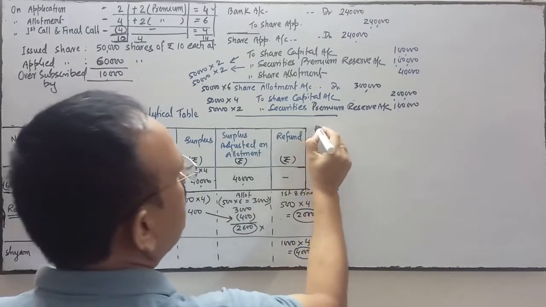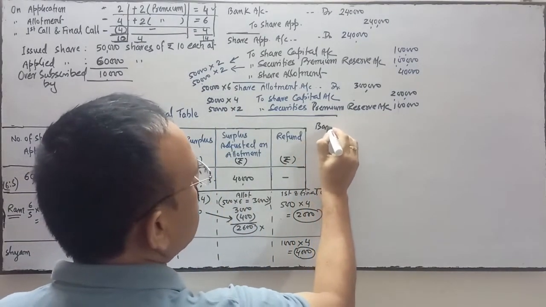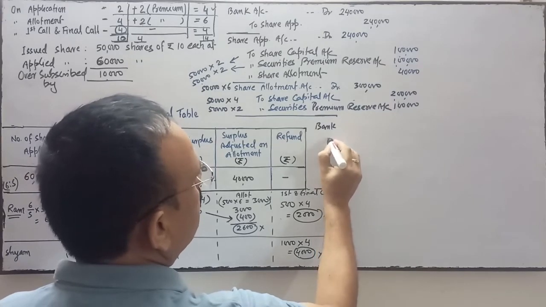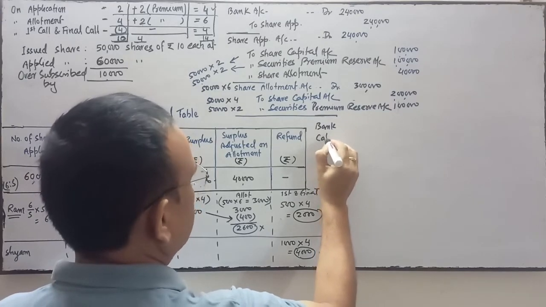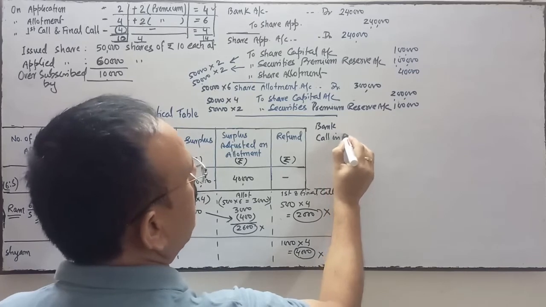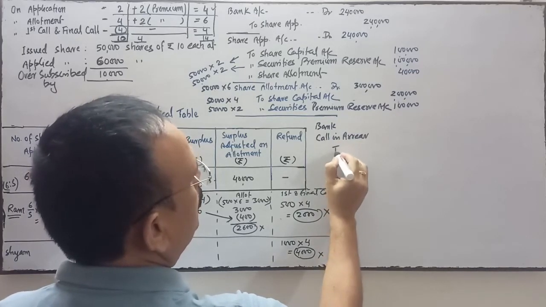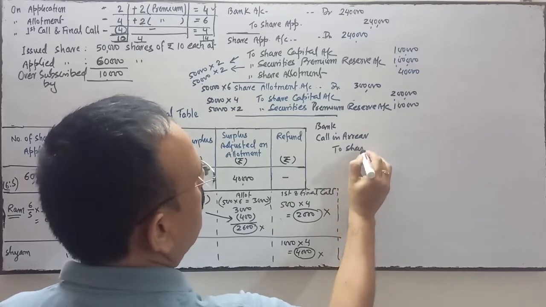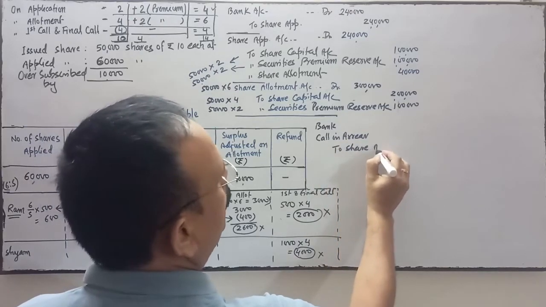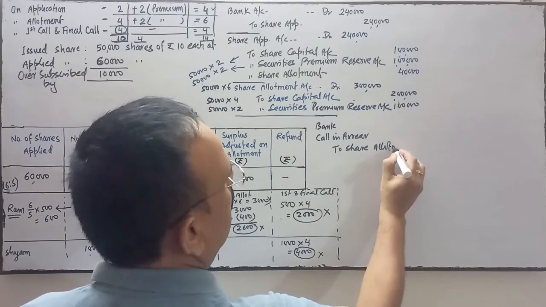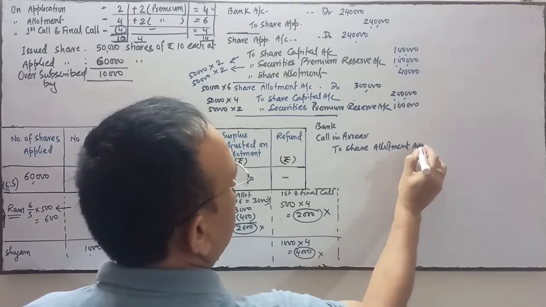Now coming to the bank account debit, next entry bank account debit, calls in arrear account debit to share allotment account.